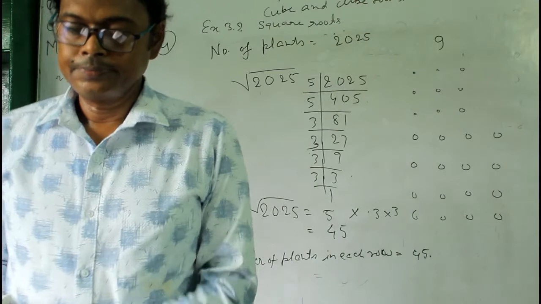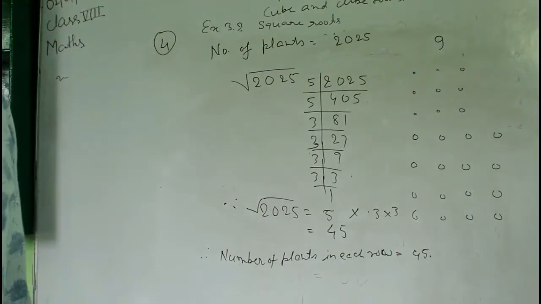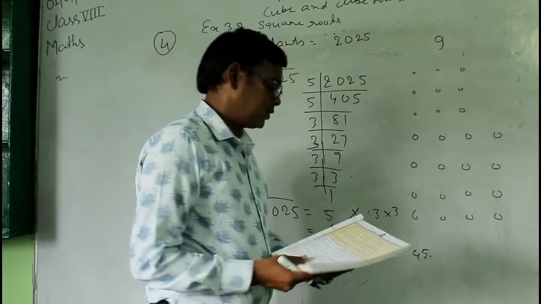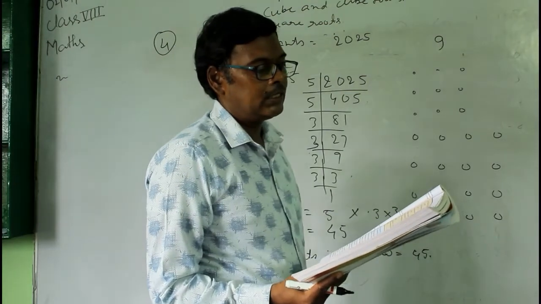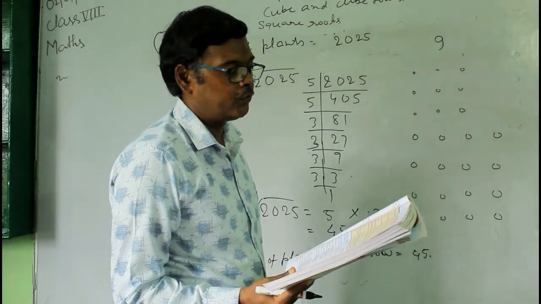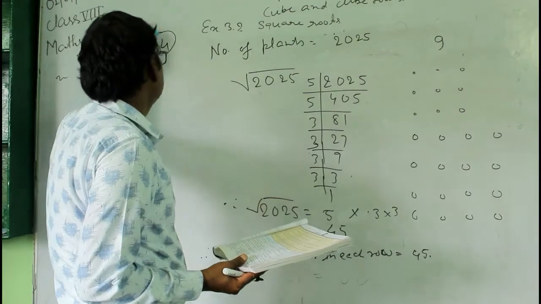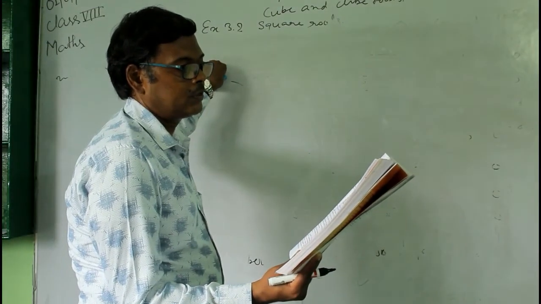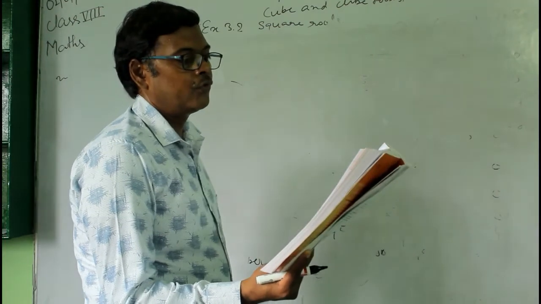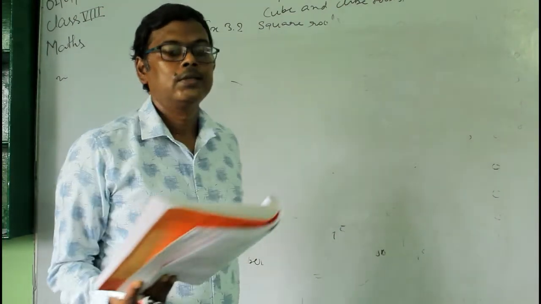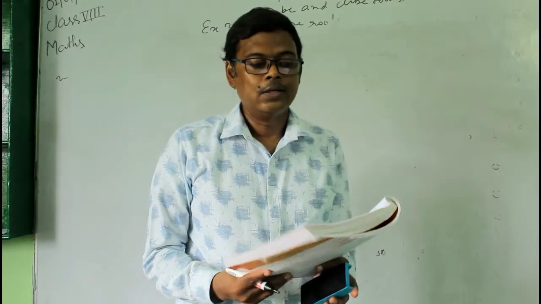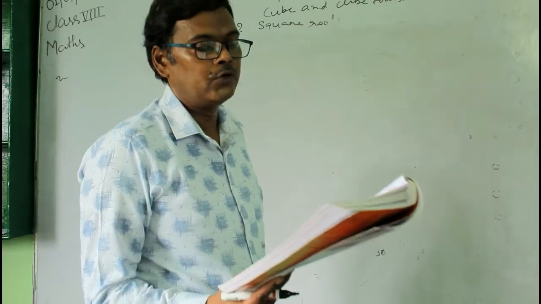And what is the next question? The next question is find the smallest square number which is exactly divisible by 4, 5, 6 and 12. So how will you do this question? Here first you have to find the LCM of the numbers 4, 5, 6 and 12.